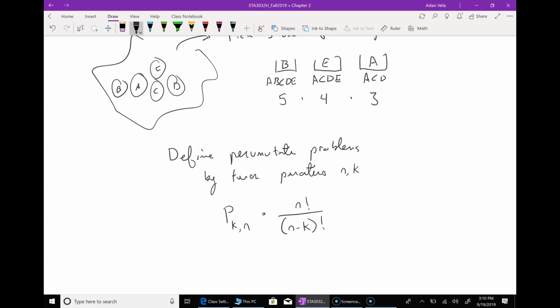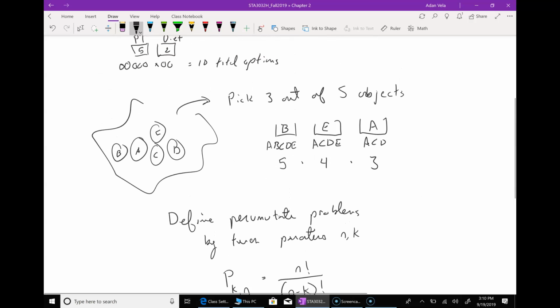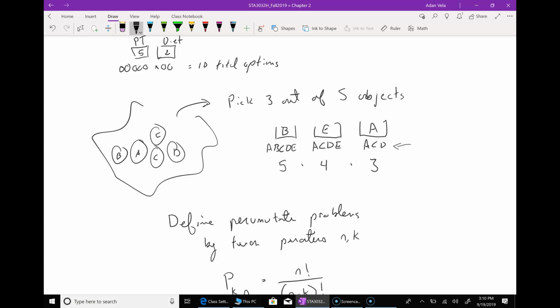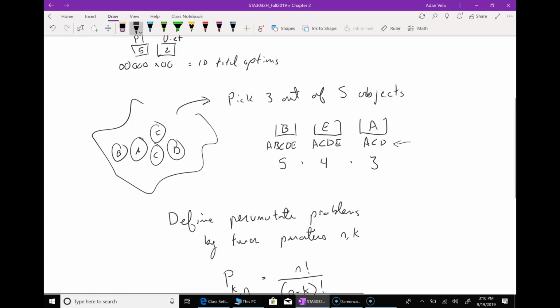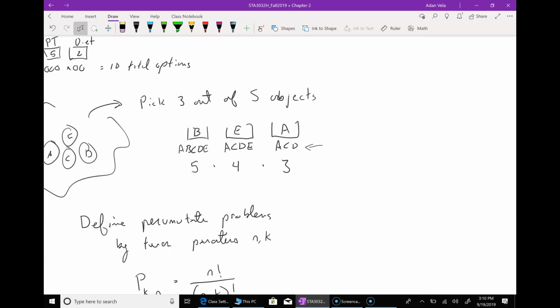And we can actually see that sort of show up here. Okay? So in this problem, we were trying to calculate P(3, 5). And we saw that was 5 times 4 times 3. Well, if we multiply the top and bottom by, what? 2 factorial, I think?